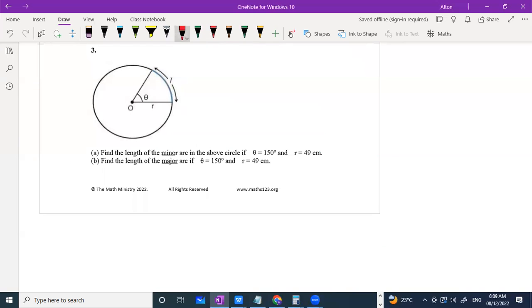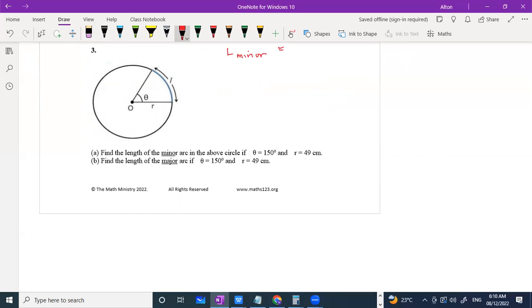So here you're given a diagram and you are asked to find the minor arc if theta is 150 and the radius is 49, and then you're asked to find the major arc. So let's do that here. Let's work out first the minor arc. And I'll just put the word minor below here.